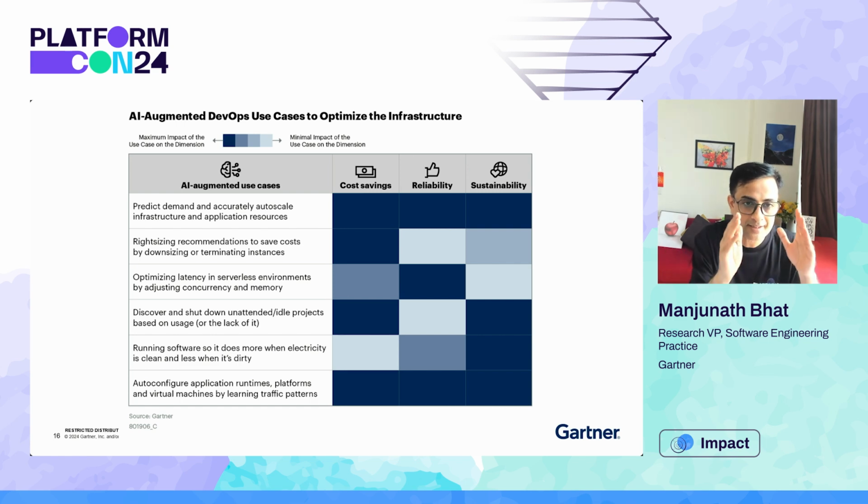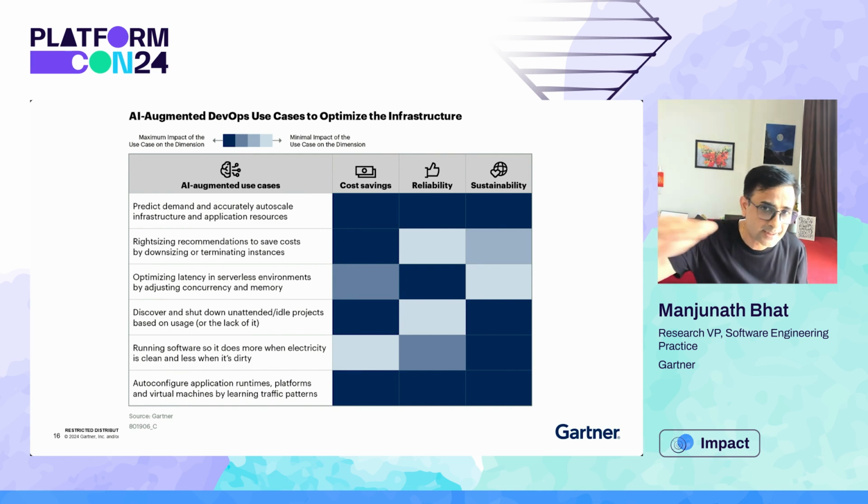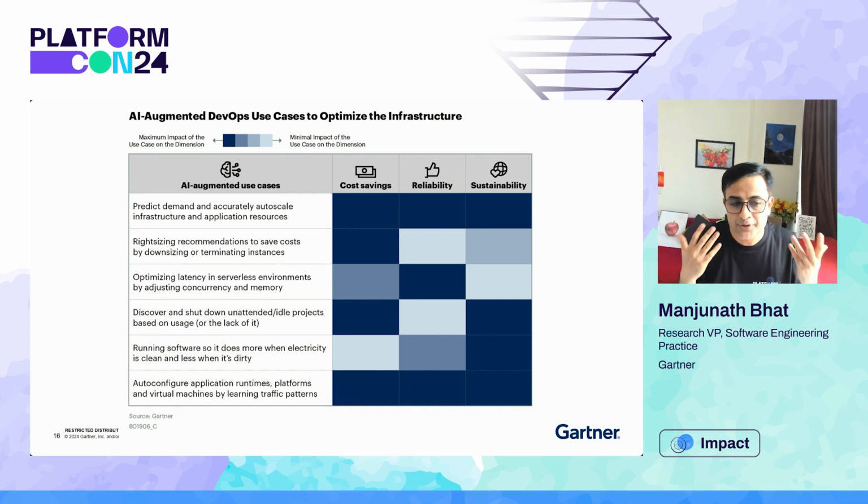So if you analyze each of these use cases, the benefits of AI augmentation can vary between these dimensions. And maybe what I would recommend to you is take a look at the top use case and the bottommost use case, which is about how can you use technologies like auto configuration of application runtimes, which gives you benefits across all of these three dimensions. Because we don't want to over index on one dimension at the cost of the other dimensions.